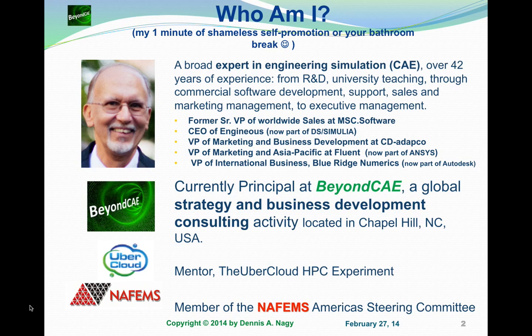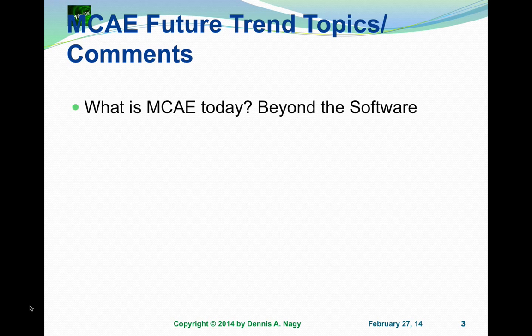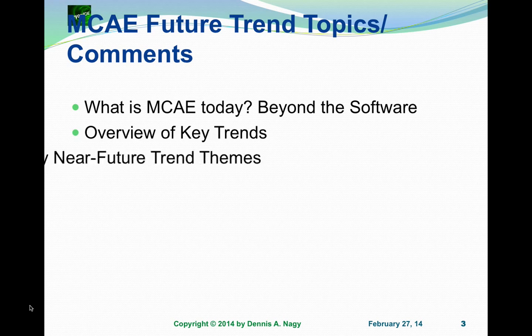So what I'm going to talk about today is what MCAE is today. That was a segue from the last webcast a couple of weeks ago, where I brought it up to today and told how we got here, in my opinion. To tie those two together, I'm going to talk about what MCAE is today, more than just software, just what it is in total, and a few key near-future trend themes.